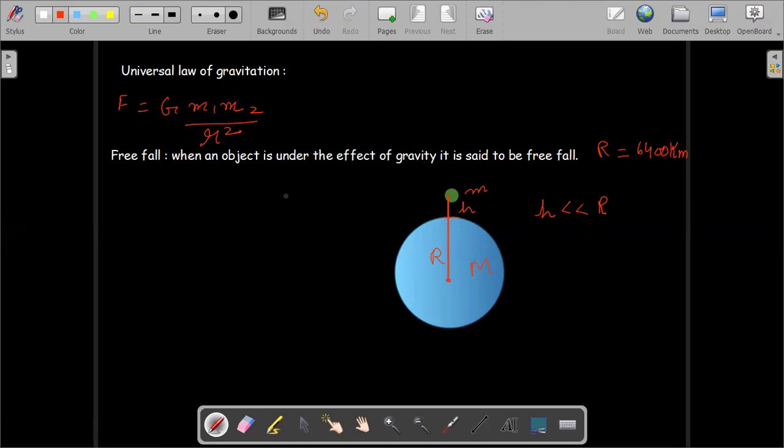Alright. So the gravitational force between these two can be given by the formula F equals G m1 m2 over r squared.